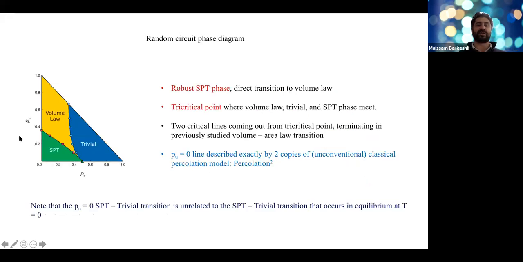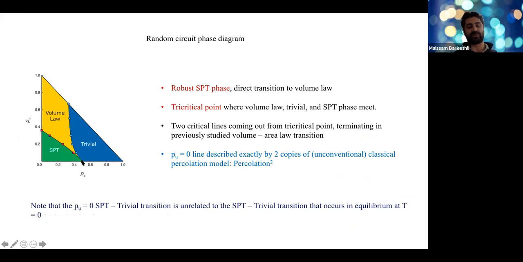So the phase diagram ultimately looks like this. You tune the single qubit Z measurement PS, you tune P, the random unitary, and you get stable SPT. There's a robust SPT phase, there's a robust trivial disentangling area law phase, and then there's a volume law phase.